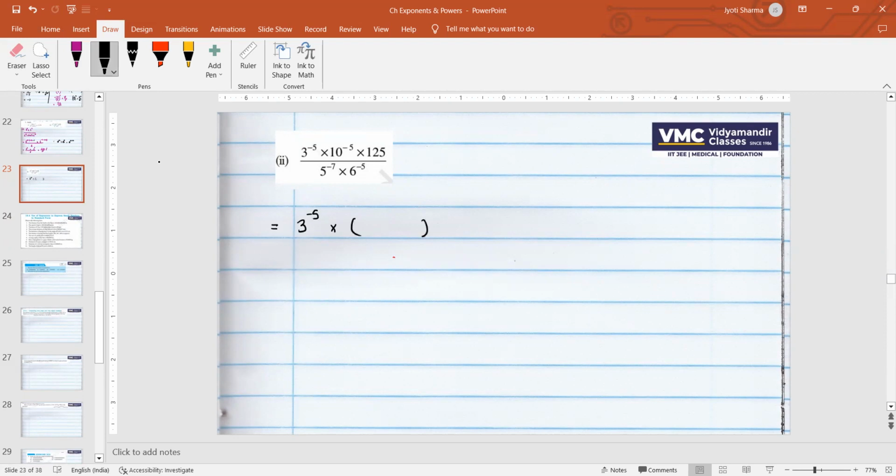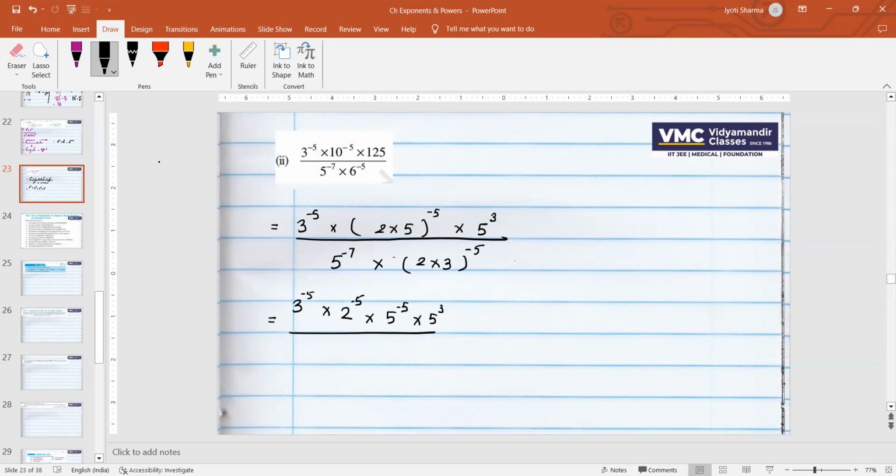In place of 10, which already has a minus 5 power, 10 is 2 into 5, and 125 is 5 cube. 5 raised to the power 7 into, and 6 already has power minus 5, and 6 is 2 into 3. So minus 5, 2 raised to the power minus 5, 5 raised to the power minus 5, 5 cube, 5 raised to the power minus 7, 2 minus 5, 3 minus 5.